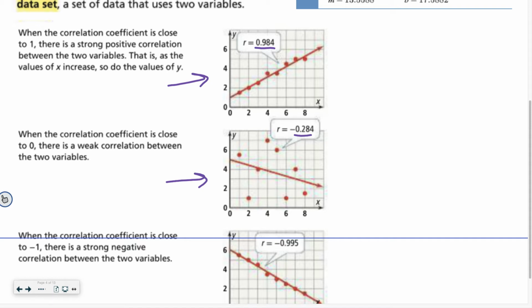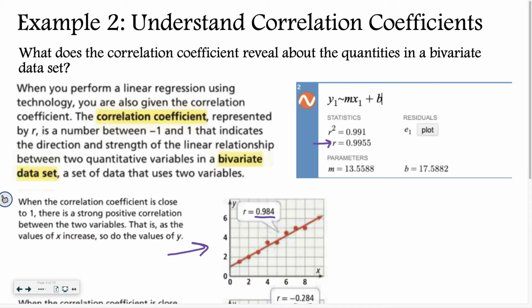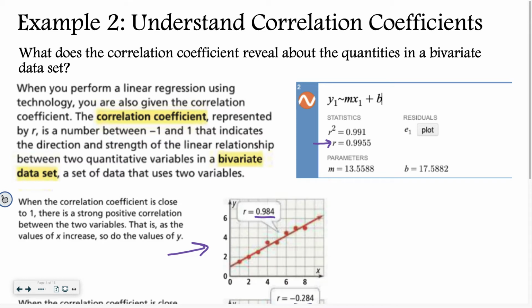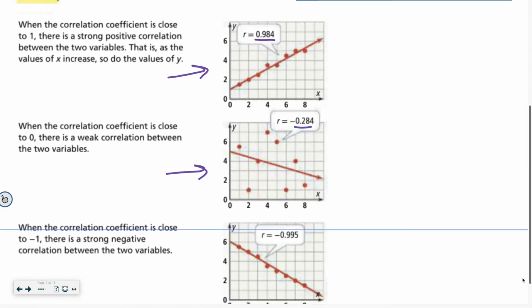It means that line becomes not so trustworthy. So if your R value is close to 0, your correlation coefficient is not great. That means that line cannot really be used to predict a future value.